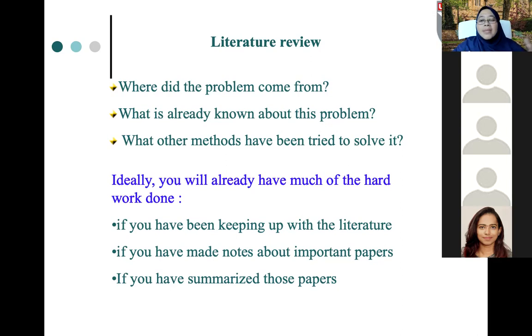What people have done, whether they have done a good job, but also the bad thing. What are the weaknesses of this finding? So it's a story. It's not like you read the first journal and summarize it, then summarize the second journal. That is for you to keep, because you need to refer back.